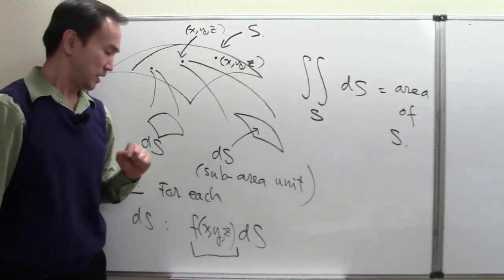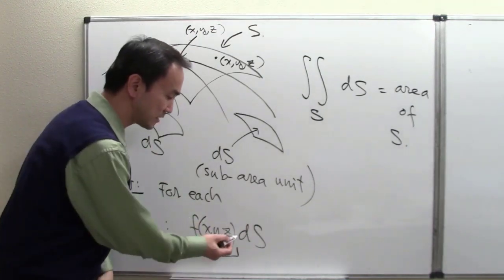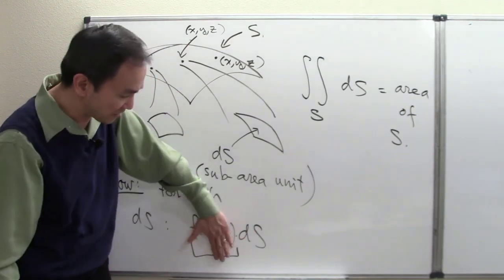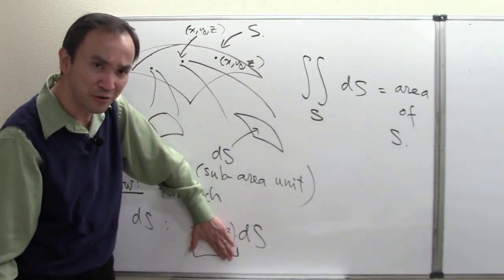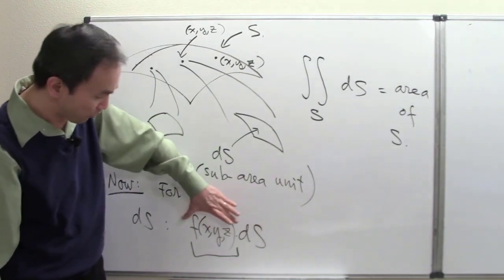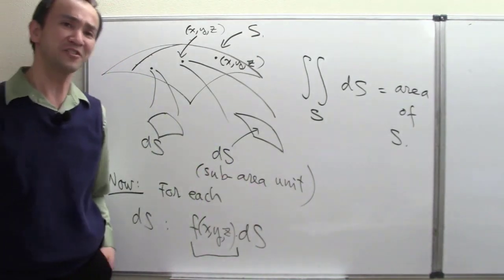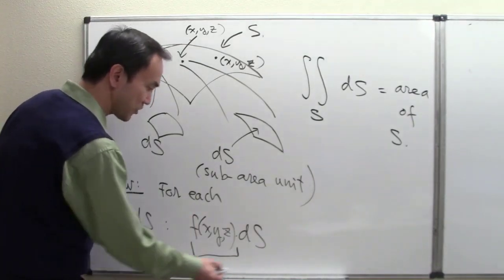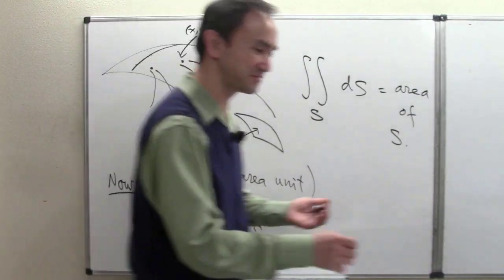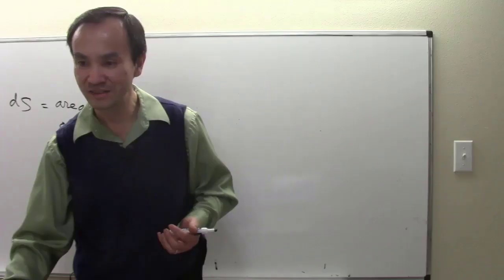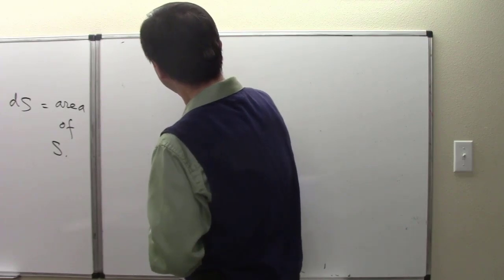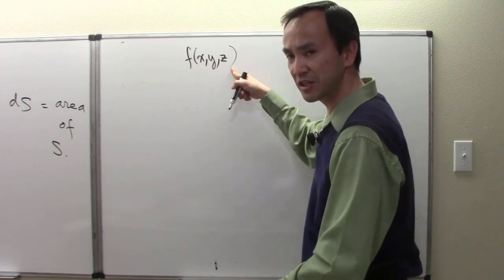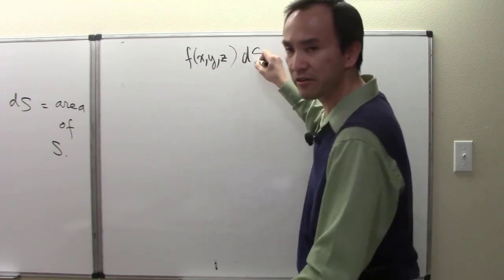And that's the idea. And so checking this product at this point will get us some value, not only just the area. The area is before we multiply with the function value, but now on top of each area, we multiply with a function value, some kind of function. So this value here is the function's value at each point, f of x, y, z, multiplied with each sub-area unit.